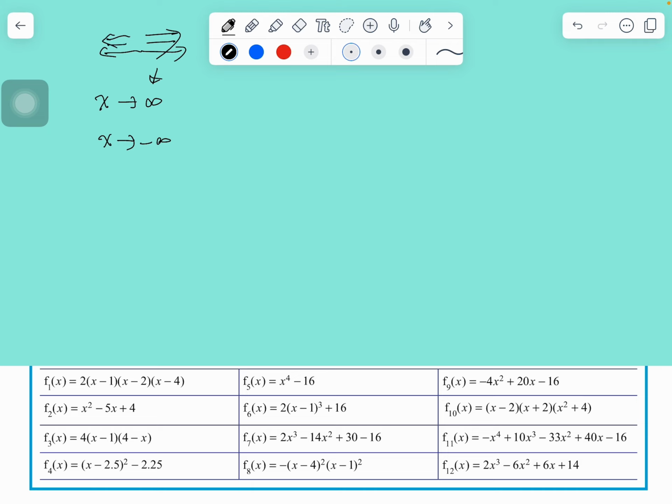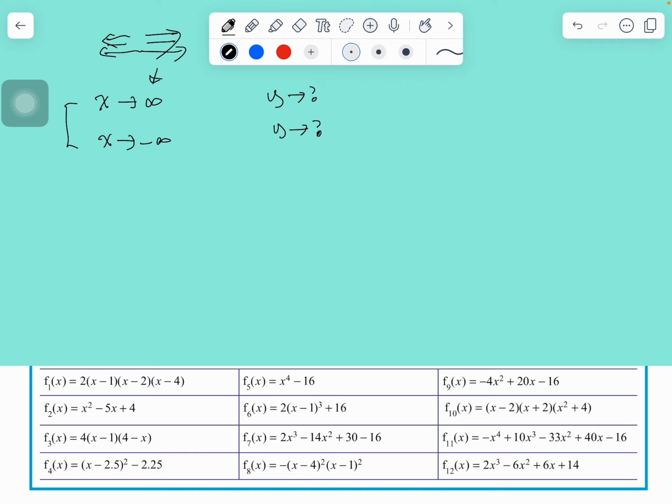So we want to know when x goes to the right, how y behaves, and when x goes to the left side, how y behaves. This we call both end behavior.